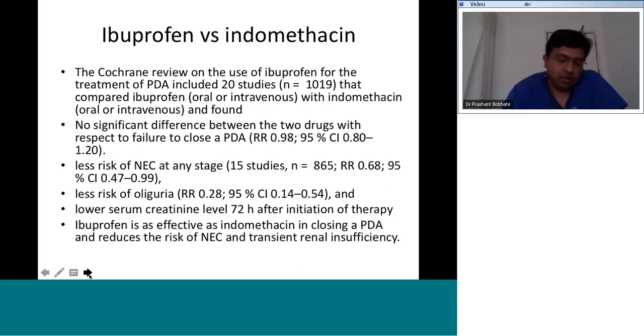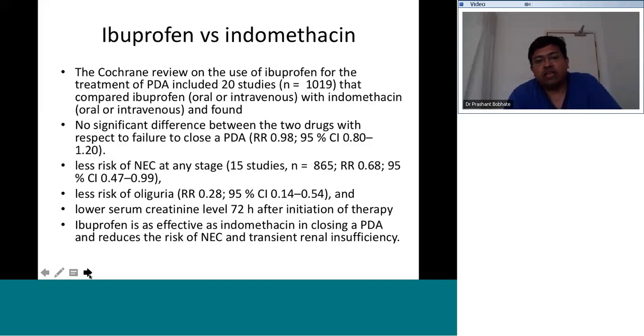So when ibuprofen was compared to indomethacin in a Cochrane database review, which included 20 studies in more than 1,000 neonates, they compared ibuprofen oral or IV with indomethacin oral or IV, and found that there was no significant difference between the 2 drugs with respect to failure to close the PDA.